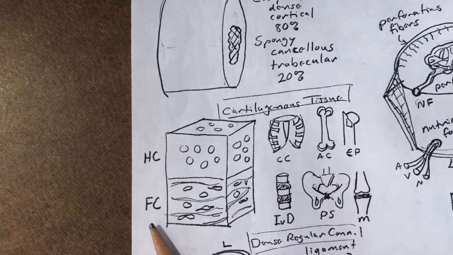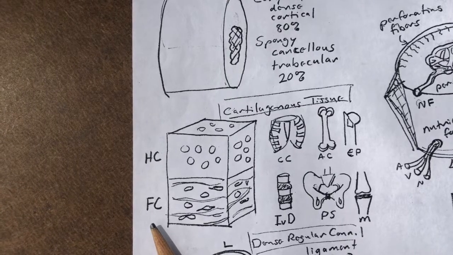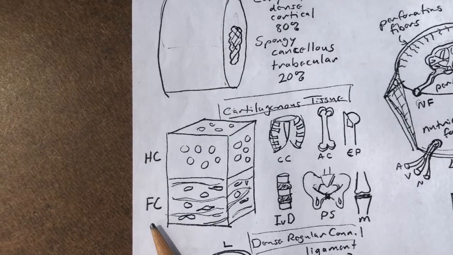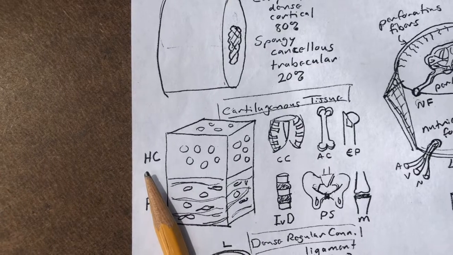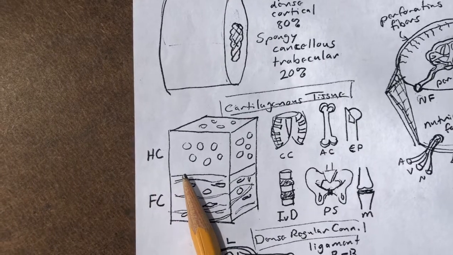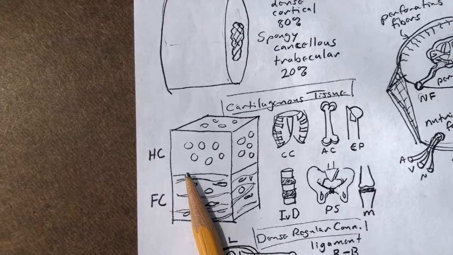Now, of course, we're asking you to flash back to 2401 and remember all the things that you can about hyaline versus fibrocartilage. One of the most obvious things is that hyaline means clear, and the matrix of hyaline cartilage is relatively clear. It's sort of like smoked glass.